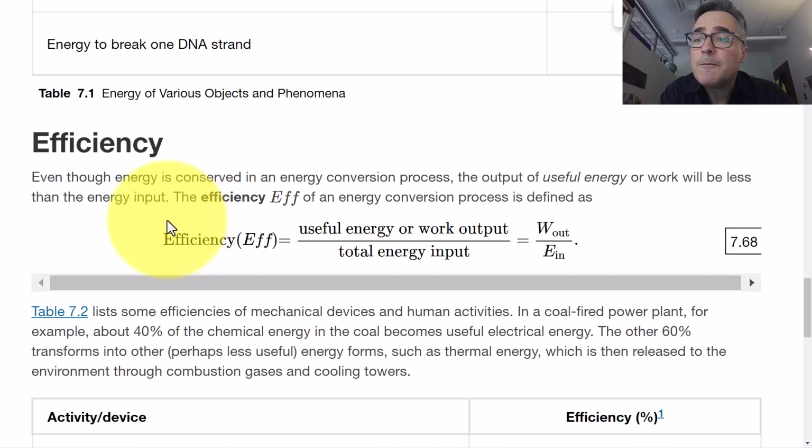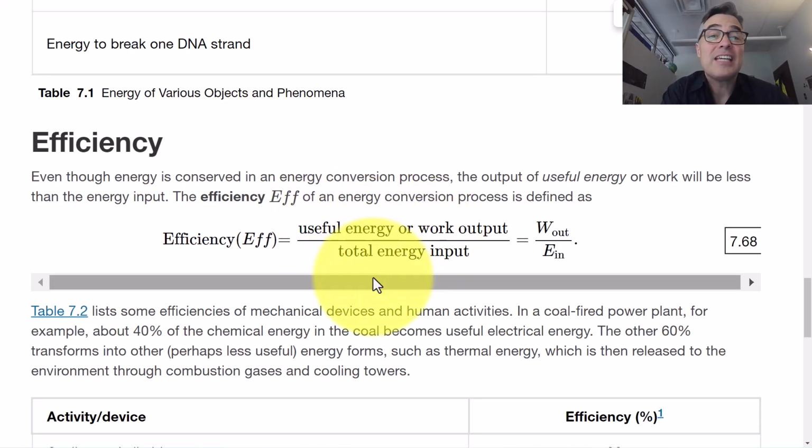They talk about efficiency of a process. So if you are trying to do something, usually there's a certain amount of work output that you want, that you're trying to get. And then there's the energy you have to put in to get that. And so if you get out exactly all the energy you put in goes exactly into what you want it to do with no losses at all, that would be 100% efficiency, 1.